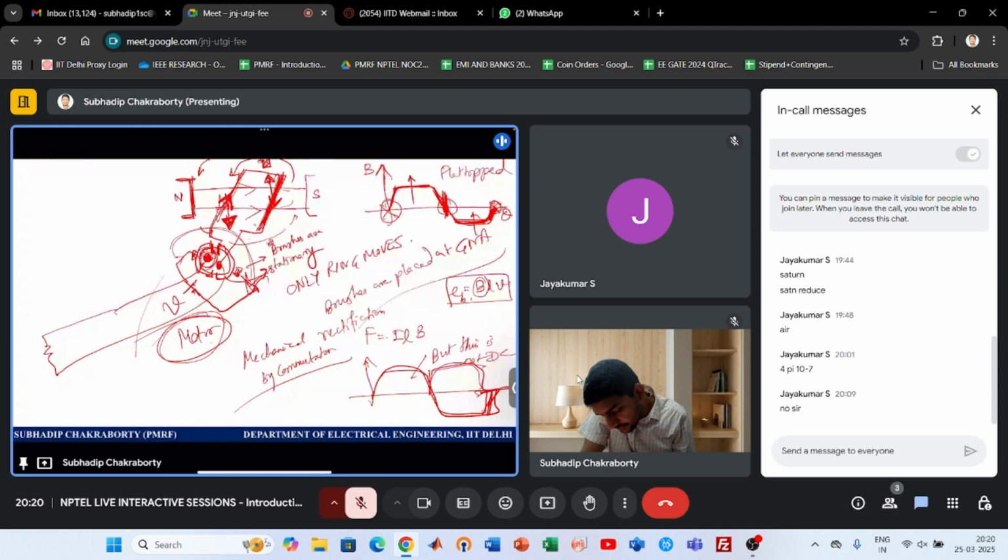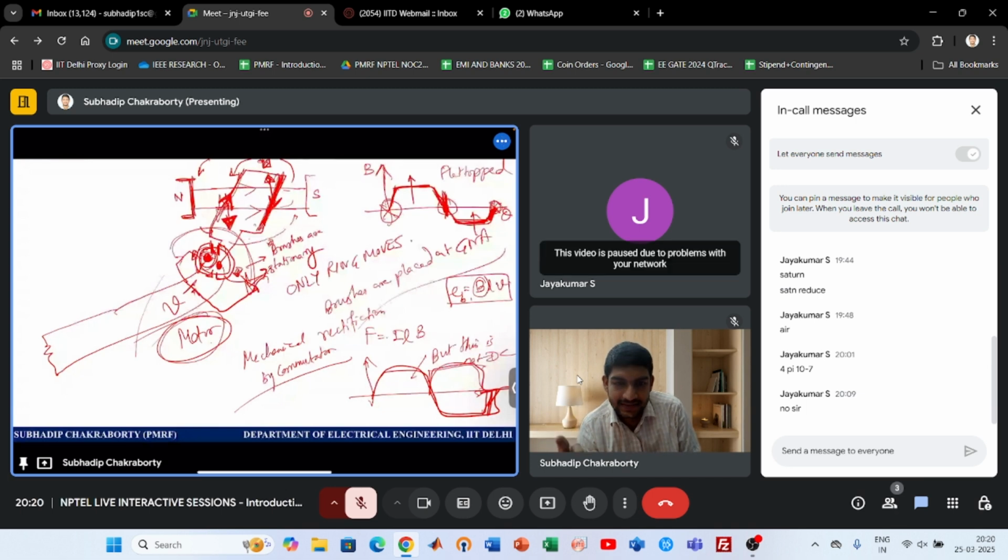So for a DC machine, this is a special thing: generator and motor rotate in different directions for the same polarity of voltage.